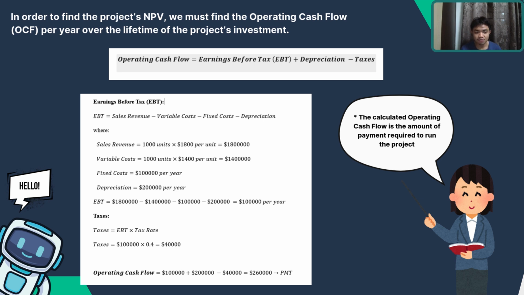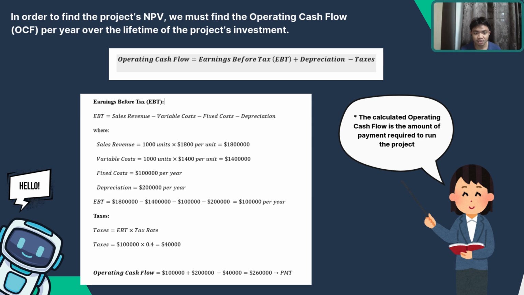The earnings before tax formula is EBT equals sales revenue minus variable cost minus fixed cost minus depreciation. The sales revenue is 1,000 units multiplied by 1,800 per unit, which equals 180,000. The variable cost is 1,000 units multiplied by 1,400 per unit, which equals 140,000.